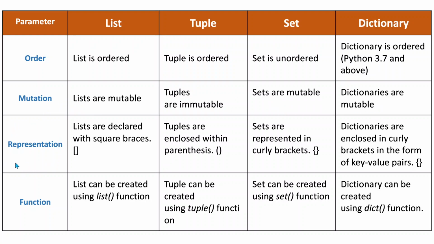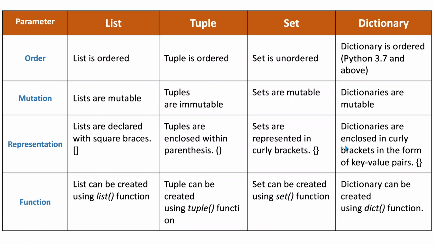From the representation perspective, this is something very easy, which we have been discussing in our previous videos. Lists are represented with square brackets, tuples are enclosed with parentheses, sets are enclosed with curly braces. Again, dictionaries are enclosed within curly braces, but we will have items in the key value pair format.